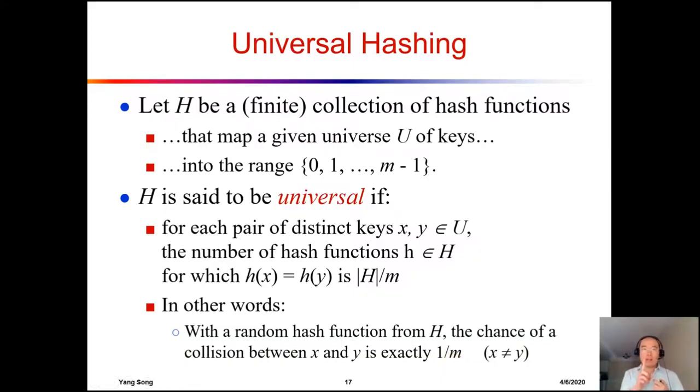That is 100%. So no matter what kind of x and y we have, they are going to have a collision 100% guaranteed. So is that hash function qualified to stay as part of the universal hashing functions? The answer is no, right?